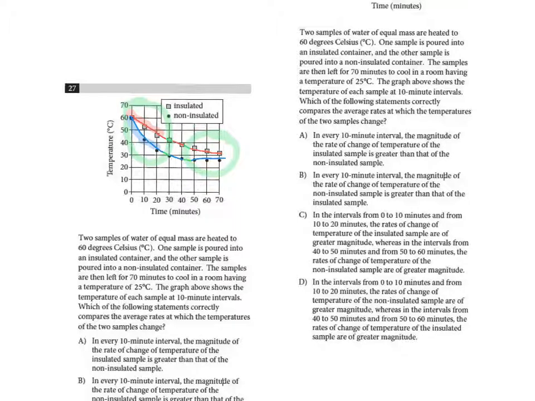And then in the interval from 40 to 50 and 50 to 60, the rate of change in temperature of the insulated sample are of greater magnitude. Yeah, at this tail end right here, the rate of change has a greater magnitude for the insulated. So we're going to say that our answer would be D.